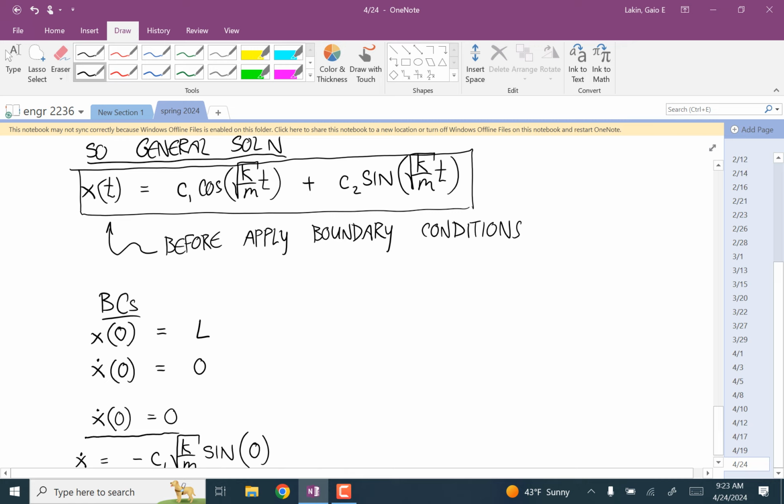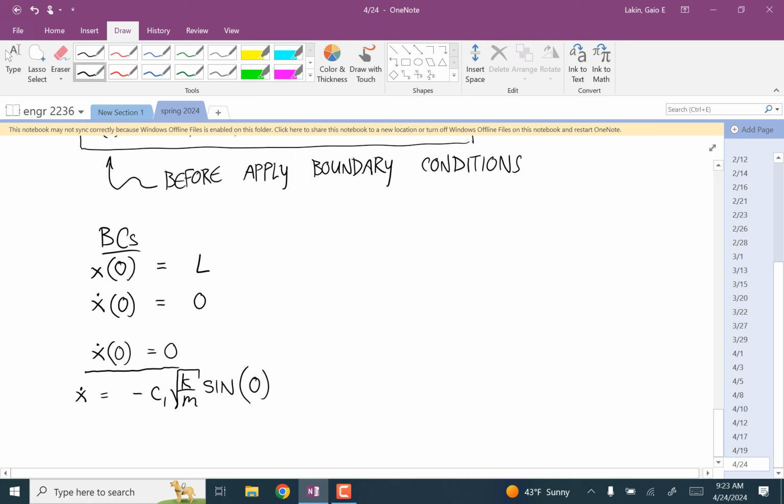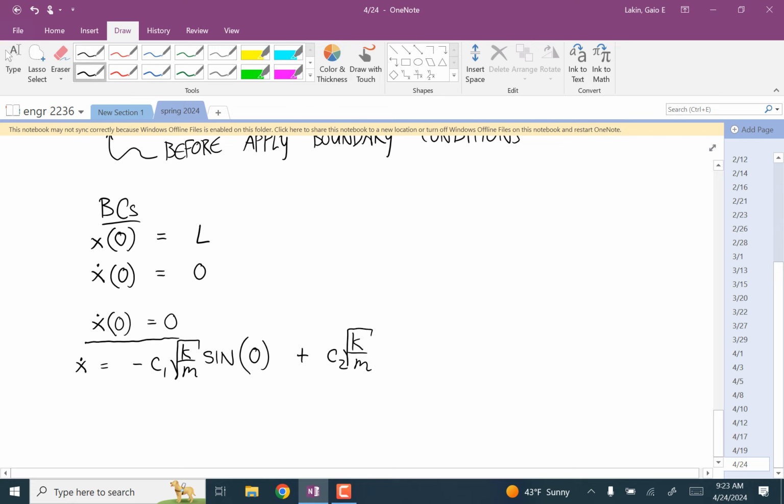Just plug 0 into the argument of the cosine and the sine. And for the second term, the derivative is c2 times square root of k over m times cosine of 0.